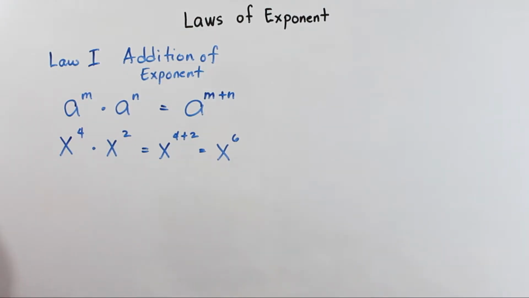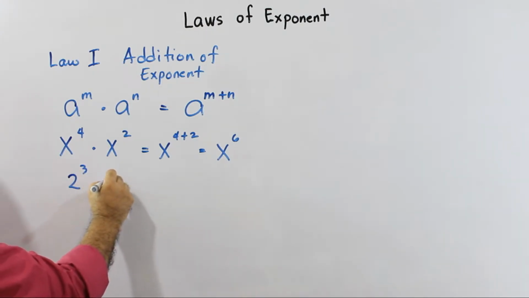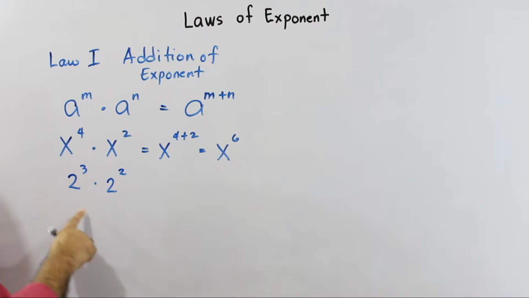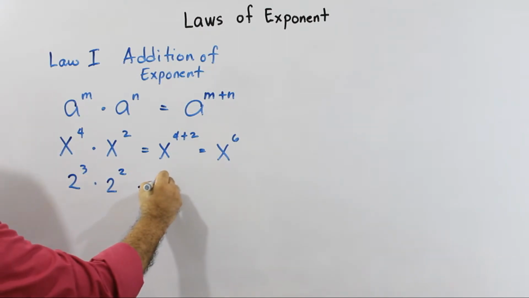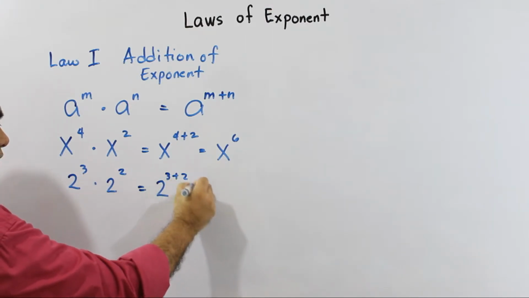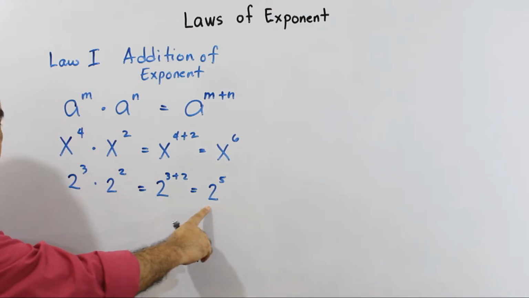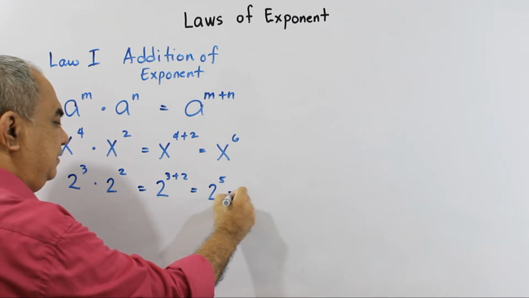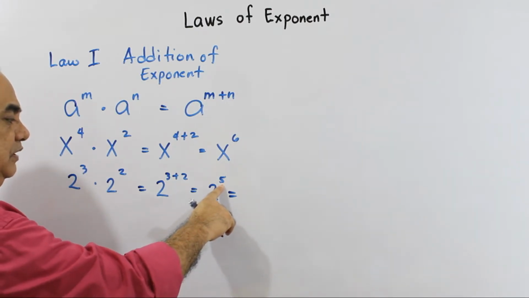If we have constants, say 2 cubed multiplied by 2 squared, since the bases are the same, we simply add the exponents. So it's going to be 2 to the 3 plus 2, we have 2 to the fifth. However, since this is a constant, we need to evaluate this further, meaning what will be the value of 2 whose exponent is 5.